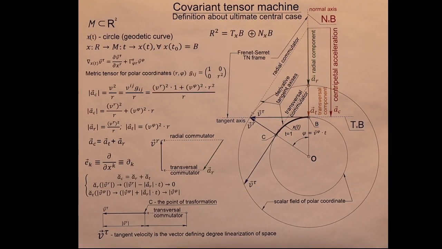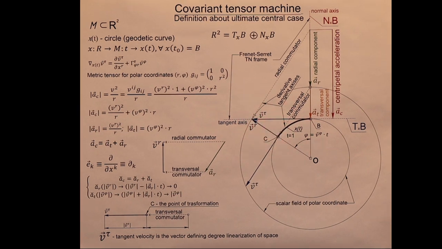After that, define the metrical tensor of the polar coordinates, and the velocity is represented in contravariant components. These are the radial and angle velocities.